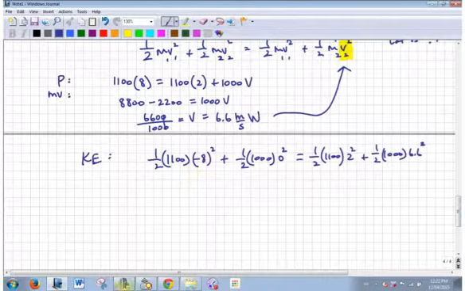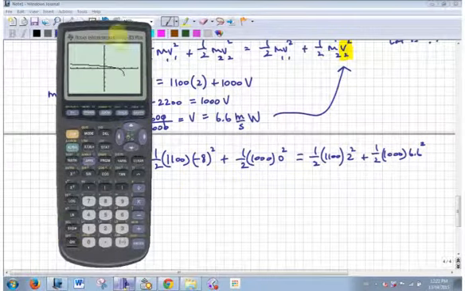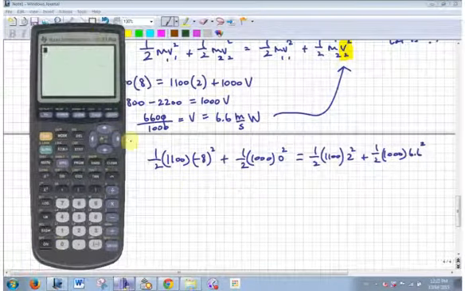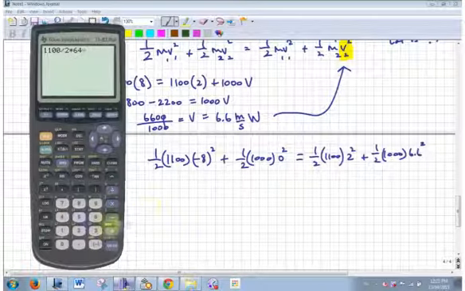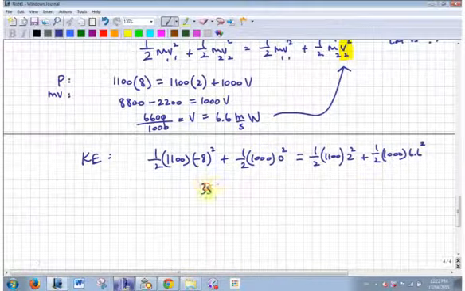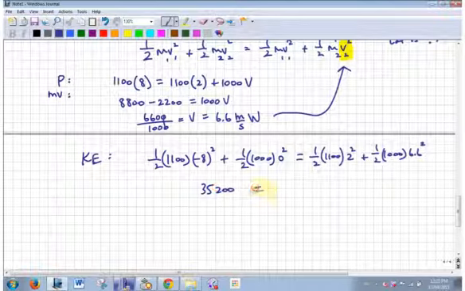Okay. Doing some math. 1/2 of 1100 is 1100 divided by 2 times 64, plus 1/2 of 1000 is 500 times 0, which is nothing, right? So energy before is 35,200. What do I have after?